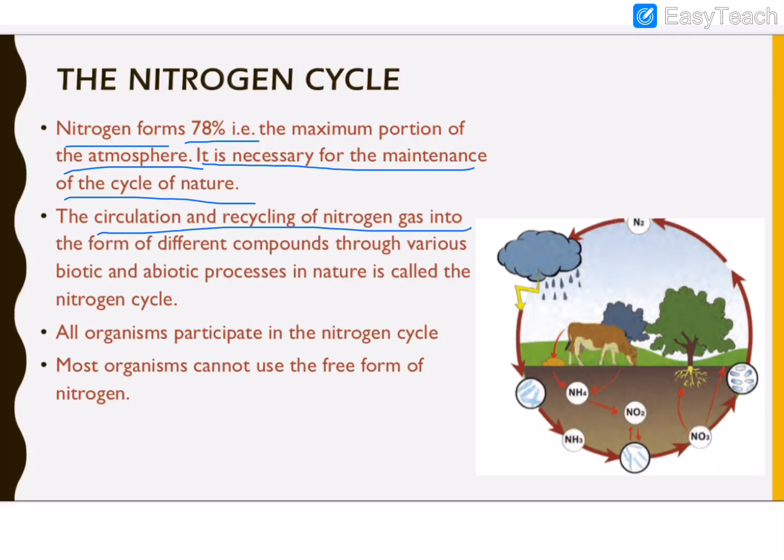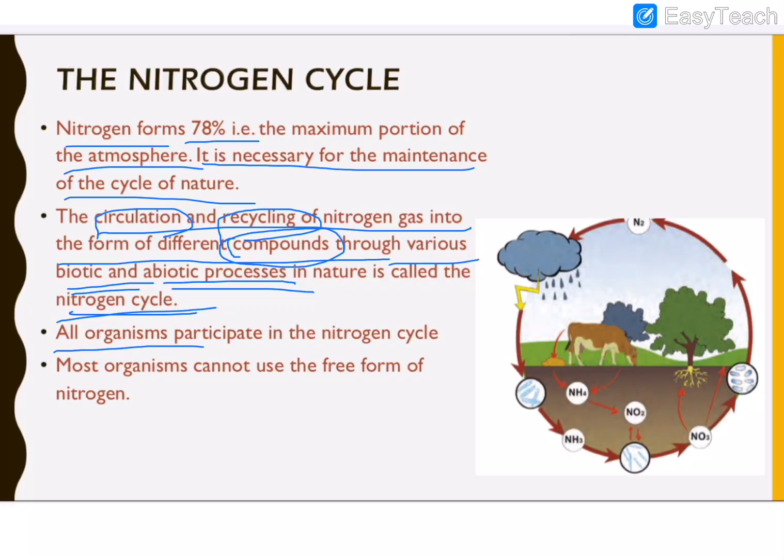The circulation and recycling of nitrogen gas into the form of different compounds through various biotic and abiotic processes in nature is called the nitrogen cycle. So nitrogen is converted into different compounds like nitrites through various biotic and abiotic processes, meaning living organisms also take part, and non-living things also take part in the nitrogen cycle.